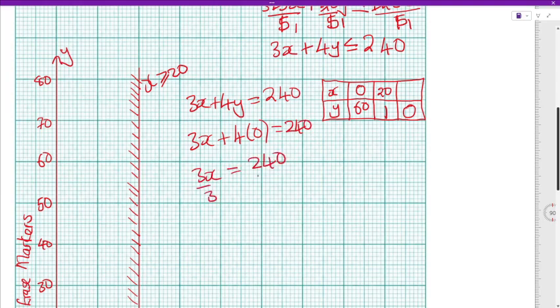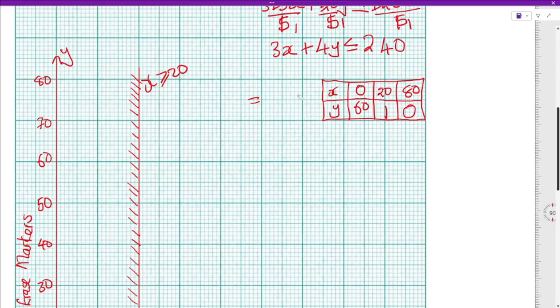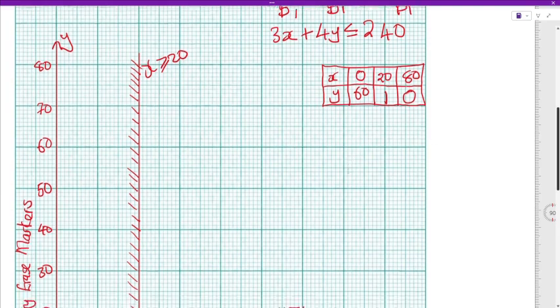Divide both sides by 3, cancel there. x will be equal to 24 divided by 3, which goes 8 times, so 80, meaning x is equal to 80. So that's quite a good range, so we can use those coordinates. You can test using x or y coordinates. Just use the coordinates that you are seeing on your axis, whether for the x-axis or y-axis.